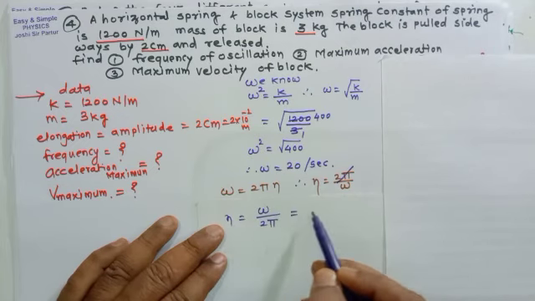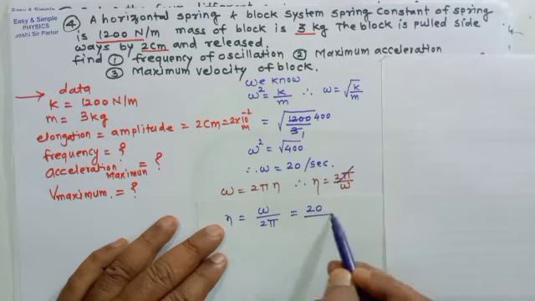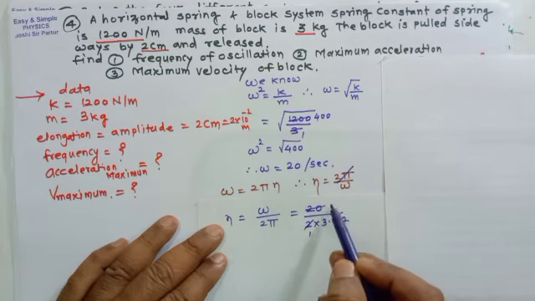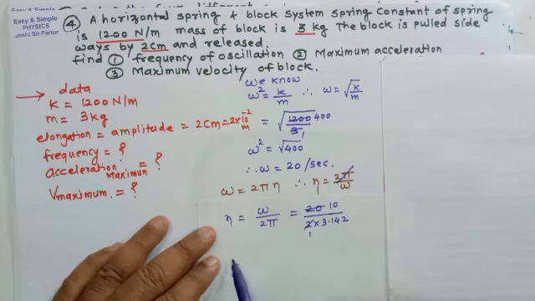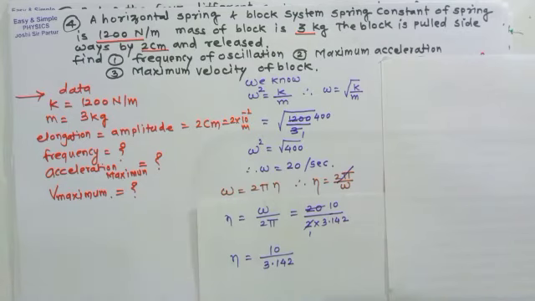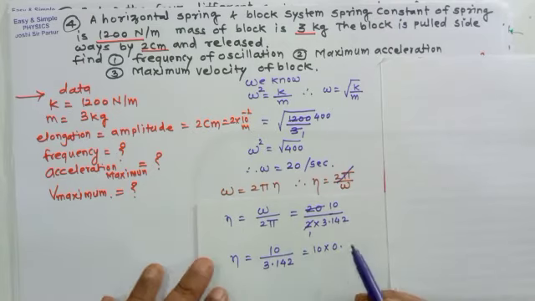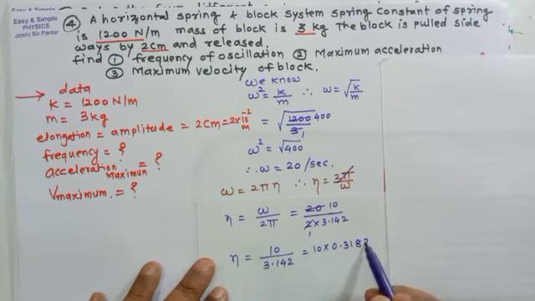By substituting the value omega 20 upon 2 into 3.142, the 2 and the 2 cancel, and 2 tens are 20. So frequency will be 10 upon 3.142. If we take the reciprocal, it will be 10 into 0.3183.